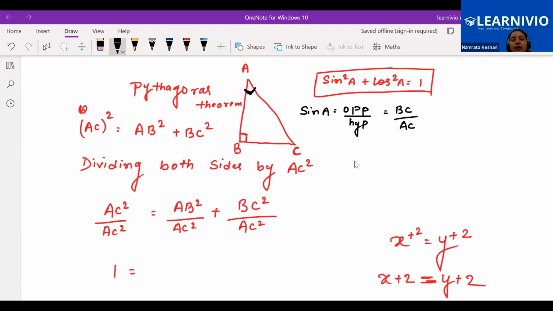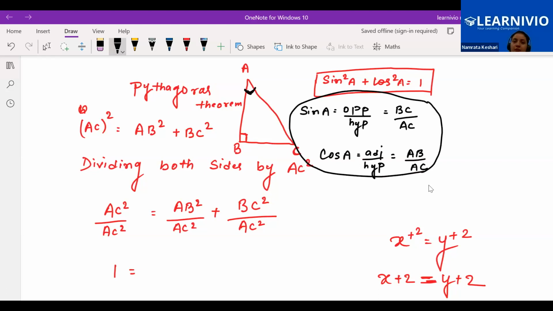Exactly. And what is cos A? Adjacent by hypotenuse, right? Yes. Adjacent is AB and hypotenuse is AC, right, Sunat? Yeah. We will keep this in hand.